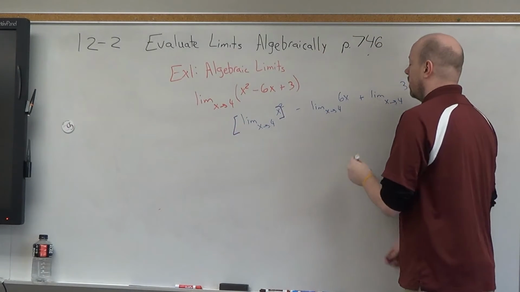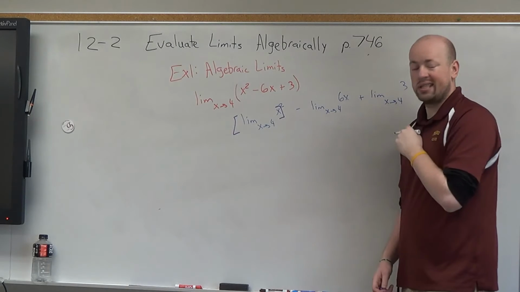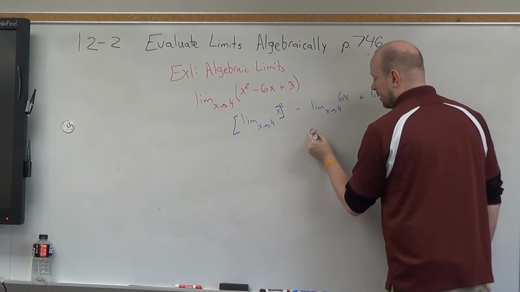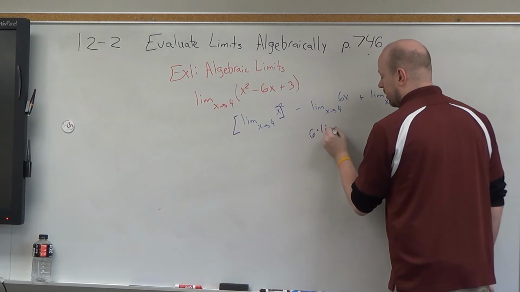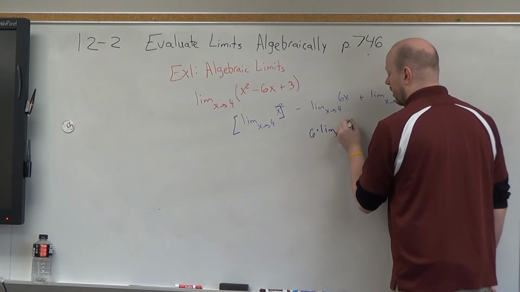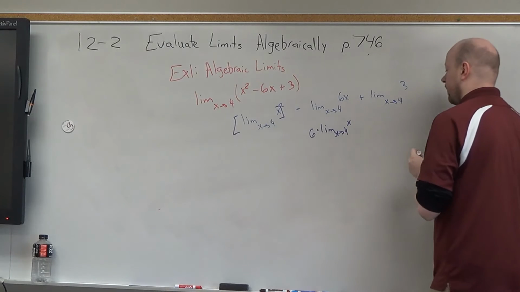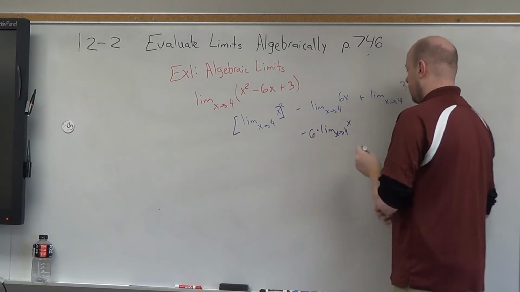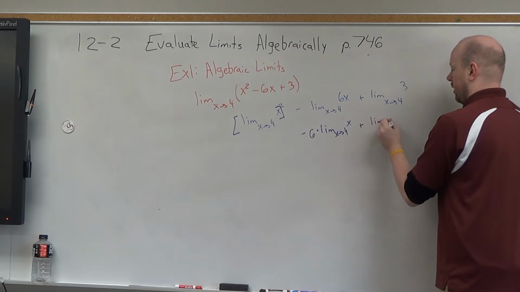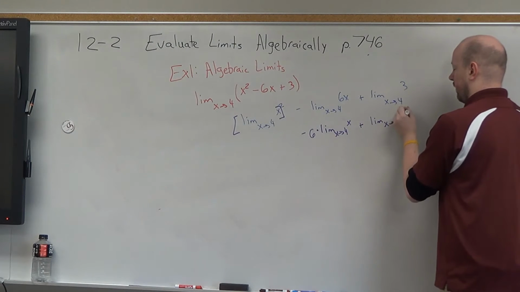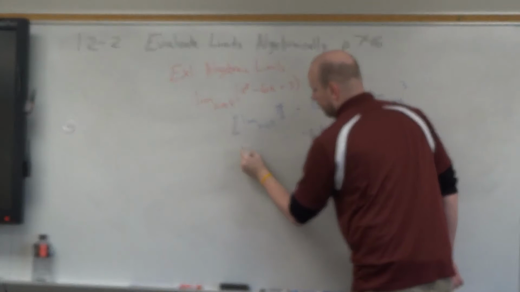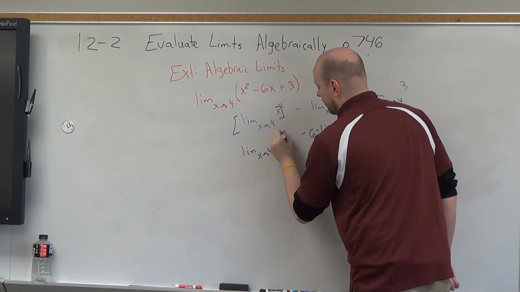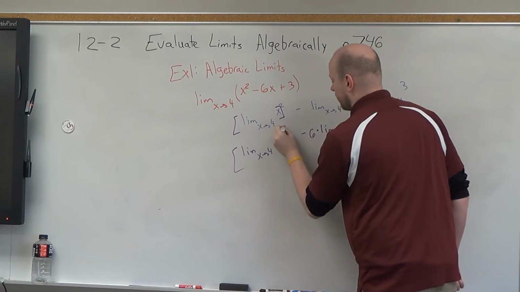Here, I have the scalar rule, so I gotta take my 6 out in front, so 6 times the limit as x approaches 4 of x. And here, I don't have to do anything else fancy. So plus the limit as x approaches 4 of 3. And here, the limit as x approaches 4 of x squared.